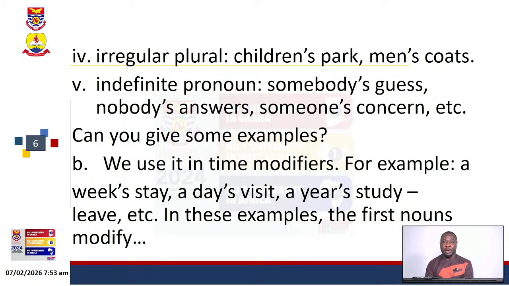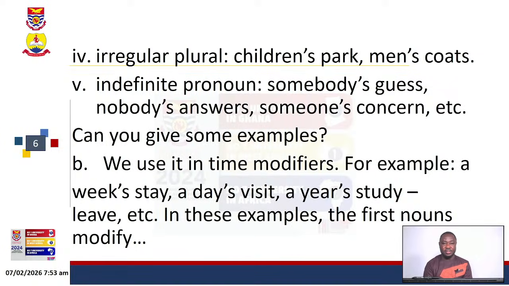Secondly, we can use the apostrophe in time modifiers. Okay? Sometimes we say that it is time ownership, a day's visit and all of that. So we modify the time, okay? So for example, we can have a week's stay.